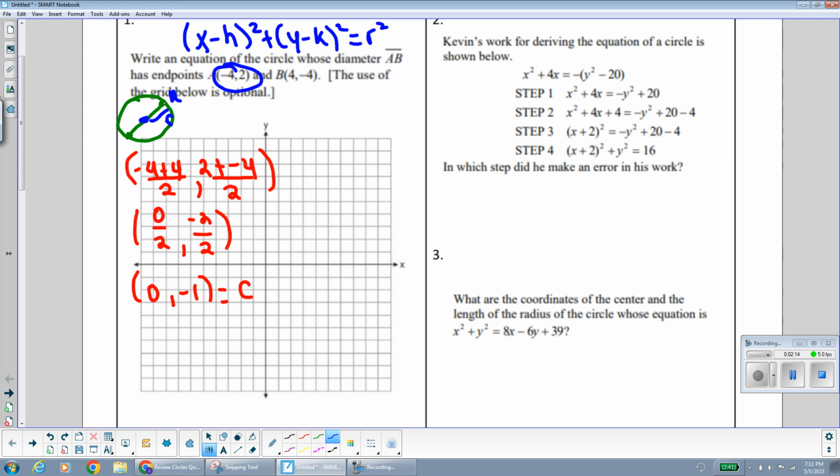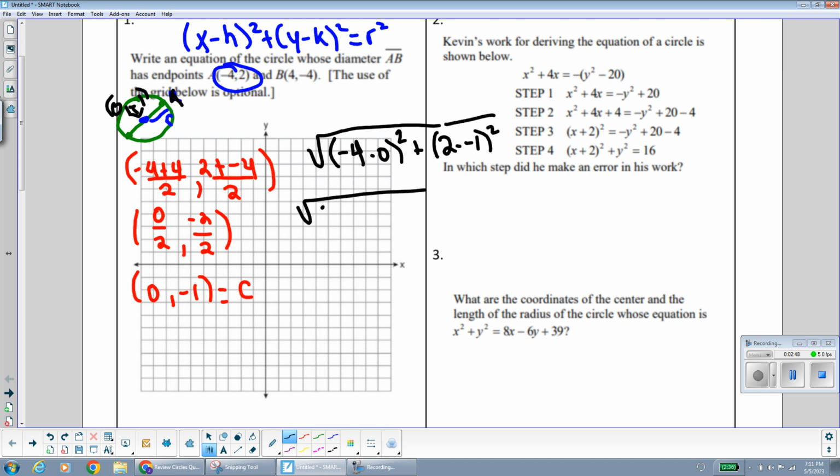If I find the length using the distance formula from the center to that endpoint, that would be the radius of the circle. So I'm going to go to my distance formula, and I'm using the center, which is (0, negative 1), and I'm using point A. So I have my x coordinate minus my other x coordinate, my y coordinate minus my other y coordinate.